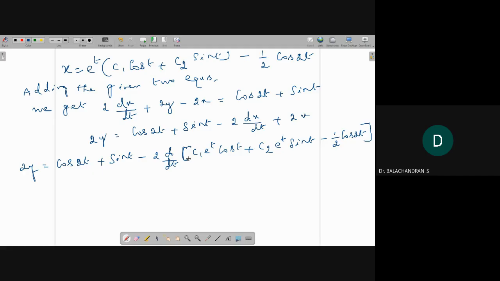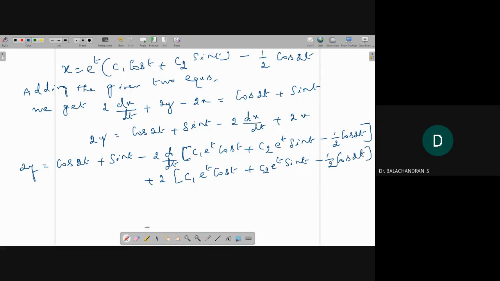The bracket is for d by dt, you should differentiate with respect to t, and then plus 2 into x. X is again c1 into e power t into cos t plus c2 into e power t into sin t minus 1 by 2 cos 2t.